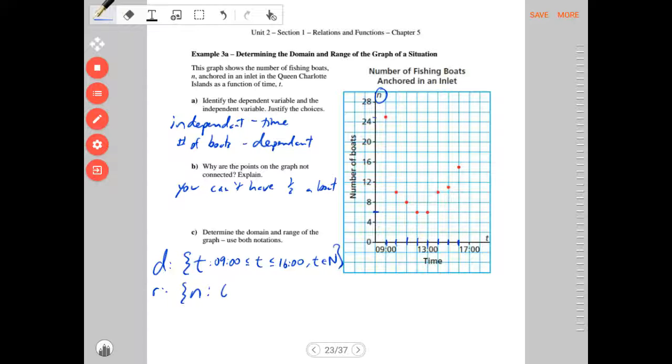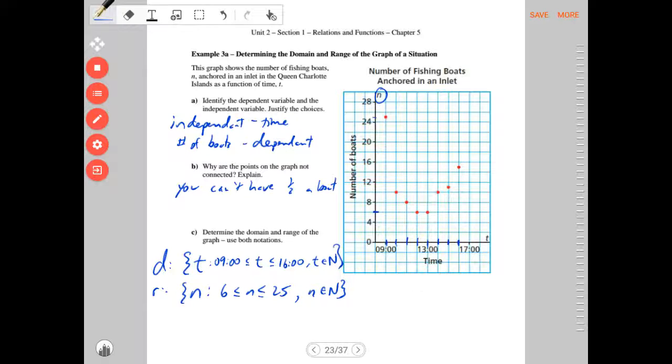So we have a minimum of 6 boats, that's less than the boats, which is less than or equal to 25. And then of course the n is an element of the natural numbers again. Because I can't have less than 0 boats, and we can go up as well. For the context of this question, I'm from 6 to 25. So that is my range.